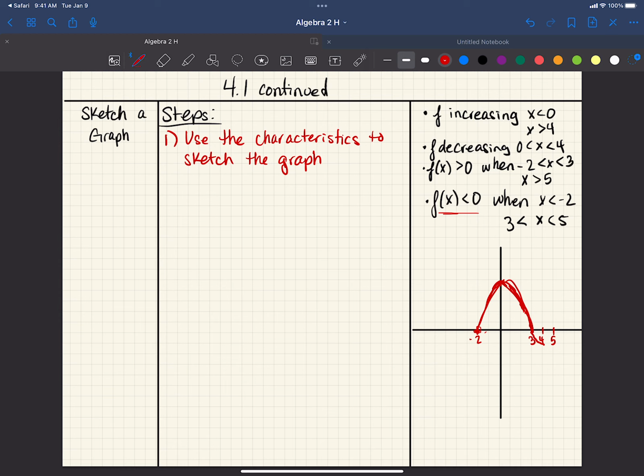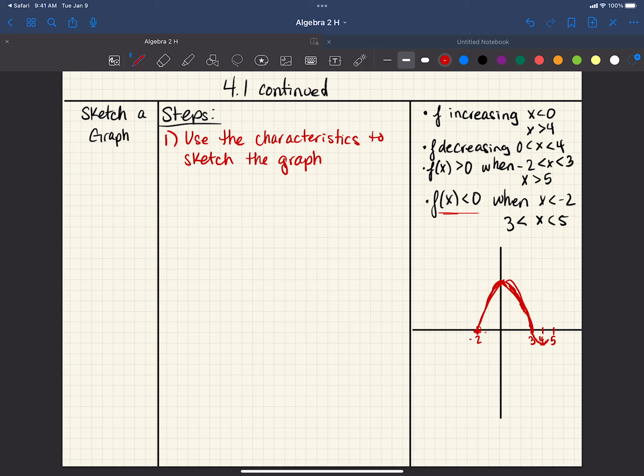Then I'm at that 4, right? So it's a lot going on that you have to remember what's happening, right? The main point is you figure out your key points on the graph, and then you figure out what's happening around them, okay? So at that 4, I am now making that change.